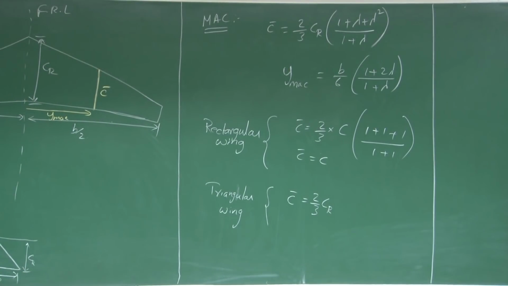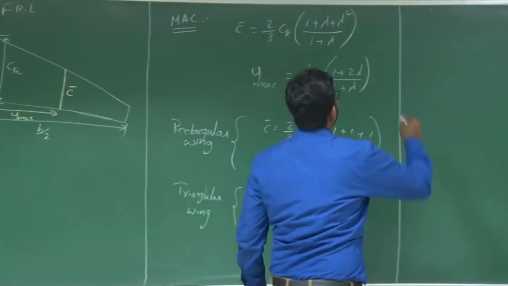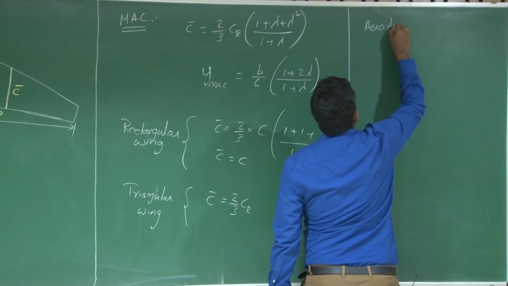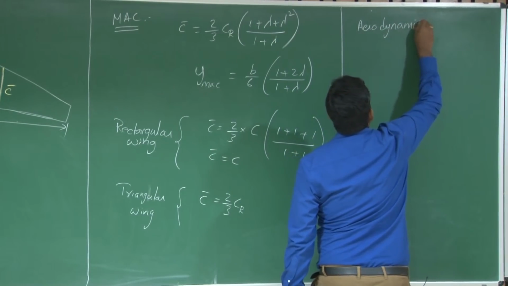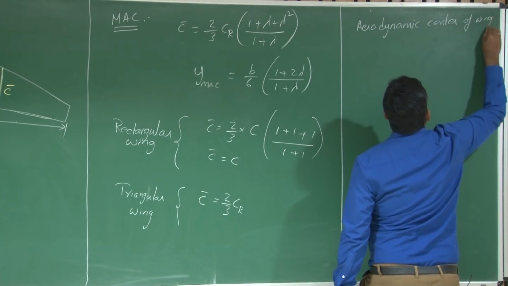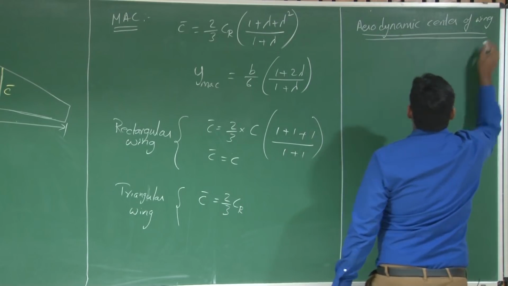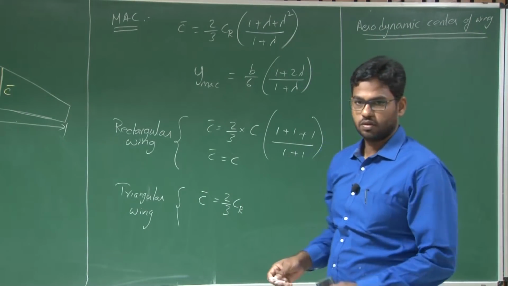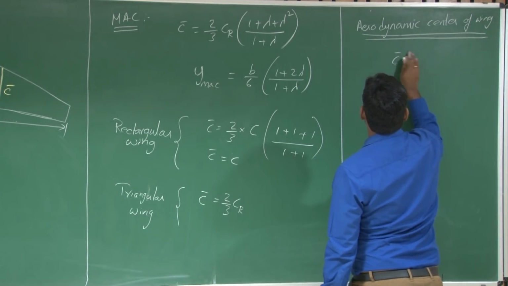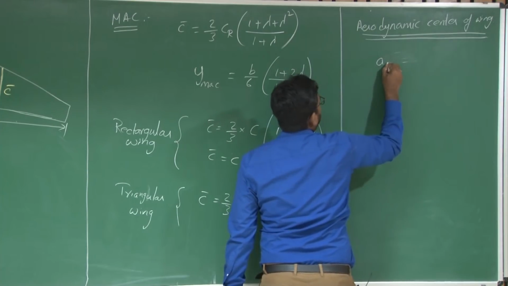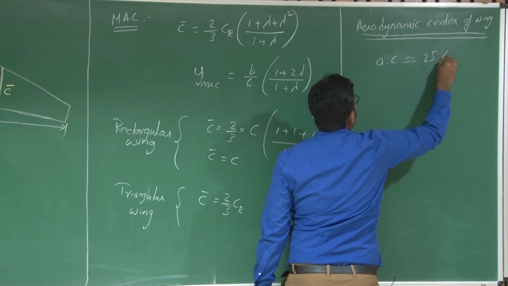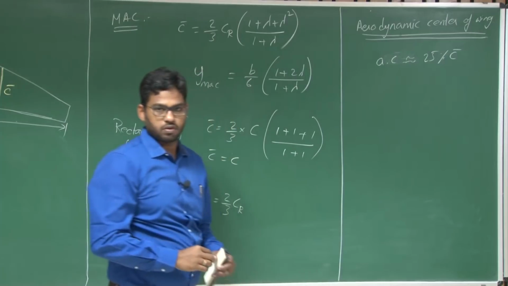With this mean aerodynamic chord, how do we find the aerodynamic center of the wing? We are talking about a subsonic UAV, so we can safely assume this aerodynamic center will be approximately at 25% of the mean aerodynamic chord, right?